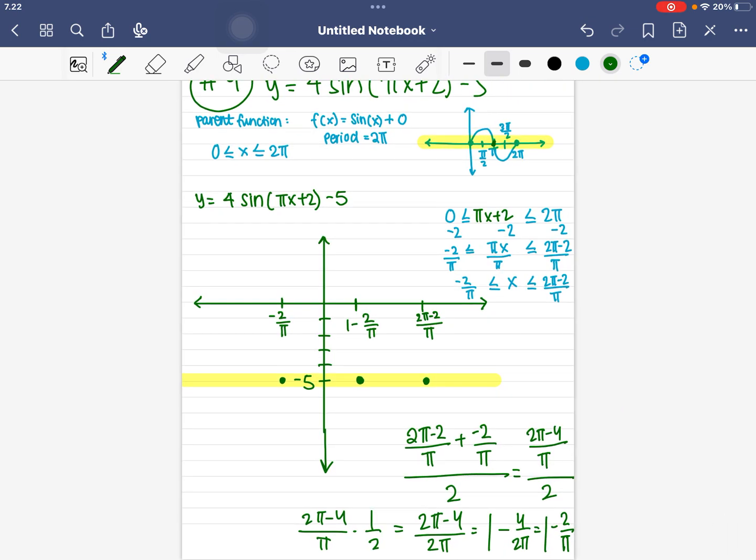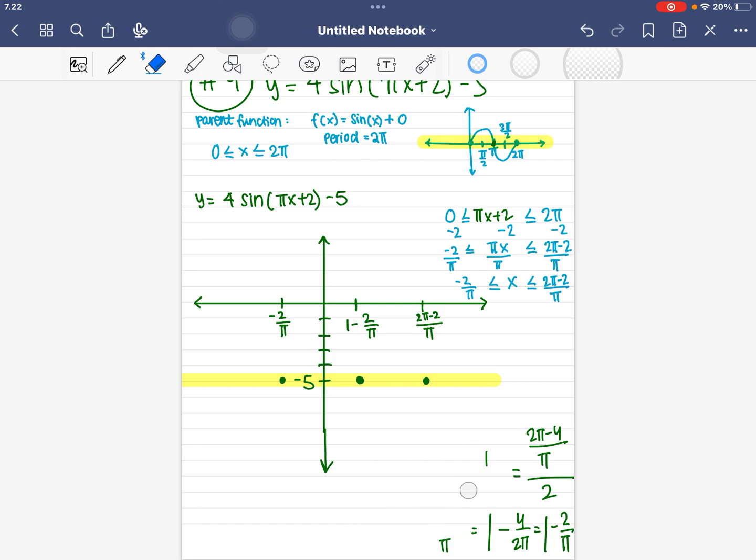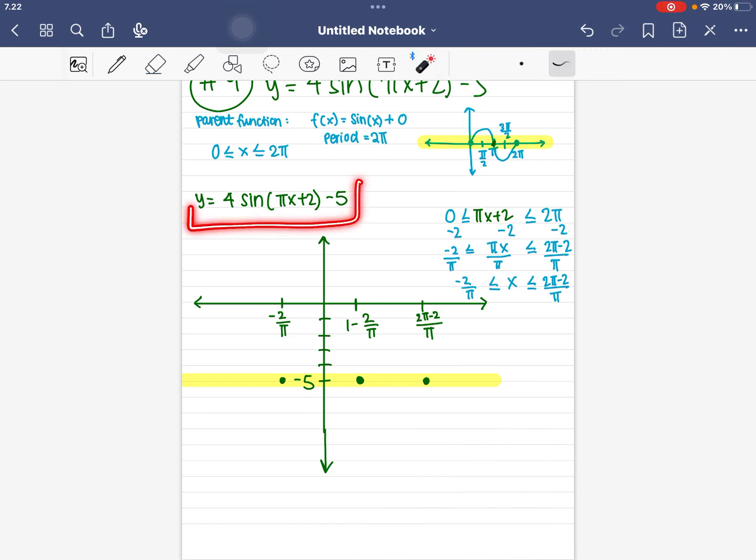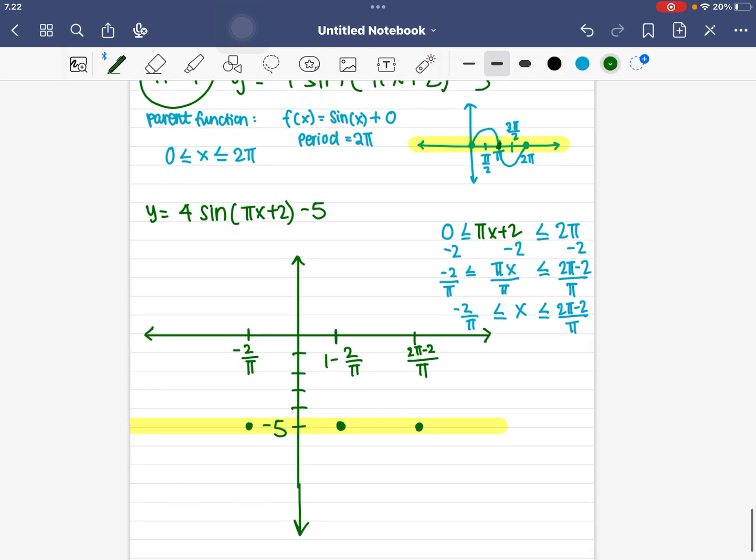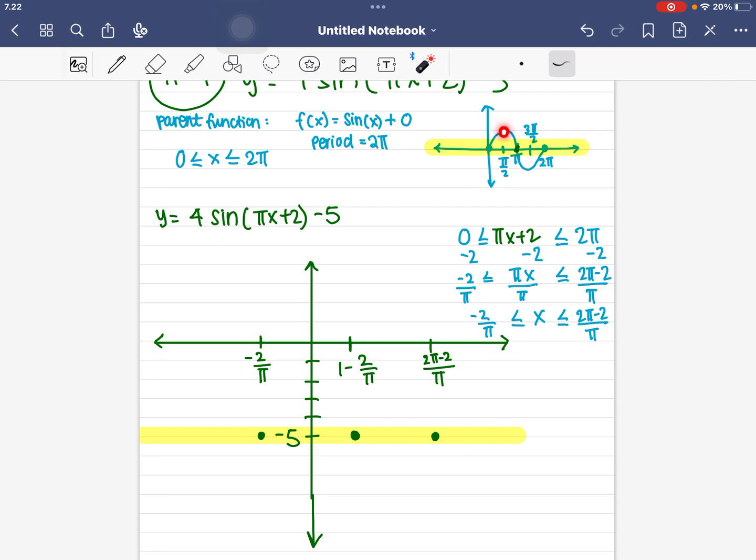Okay? Again, do y'all notice that I don't even have to plug it back into this equation, right? So I need to know these 3 points. Okay. So remember how I obtain these points, the max and the min? Because again, this value here, that is halfway between the start of the cycle and the middle of the cycle, right? So I'm gonna have to do that for this and this.